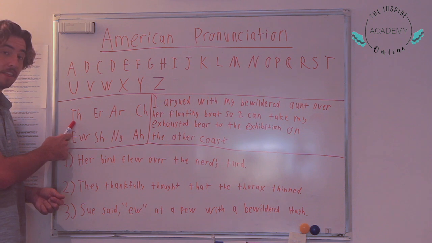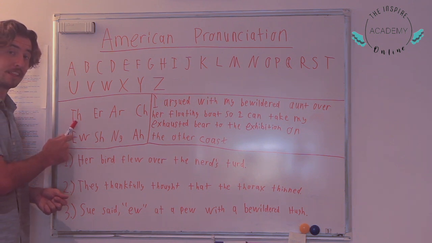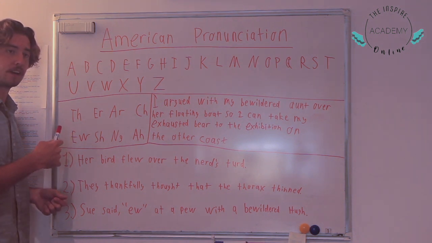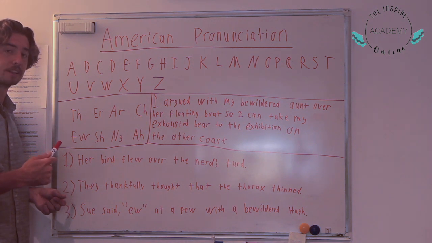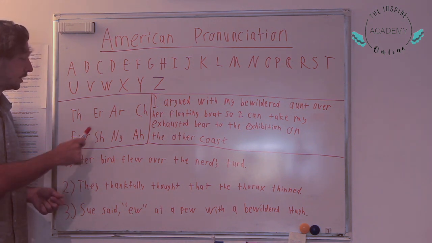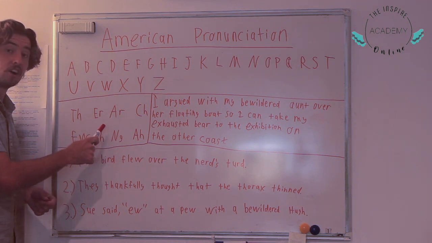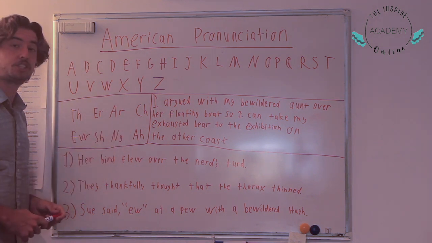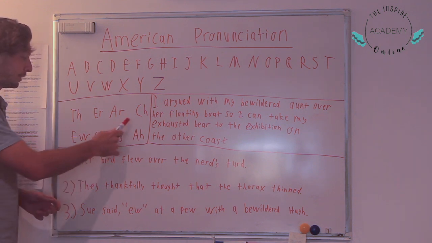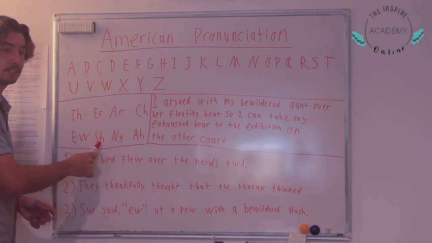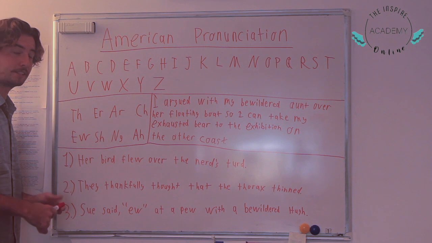So TH, but it can also be used as either a harder or a lower sound. ER, AR, R, CH, ch. It can also be similar to SH, sh, but it depends.